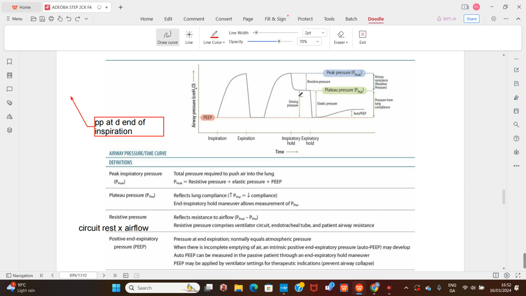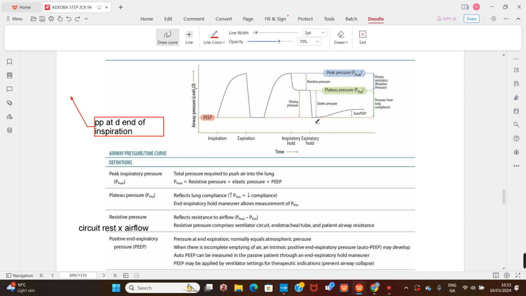So from here to here is going to be your restrictive pressure, because this is where the pressure is now equalizing. But because at this point it has plateaued, the restrictive pressure is no longer contributing. So what is remaining in the airway or the alveoli, the pressure that the peak inspiratory pressure needs to overcome, is going to be your elastic pressure from here to here.